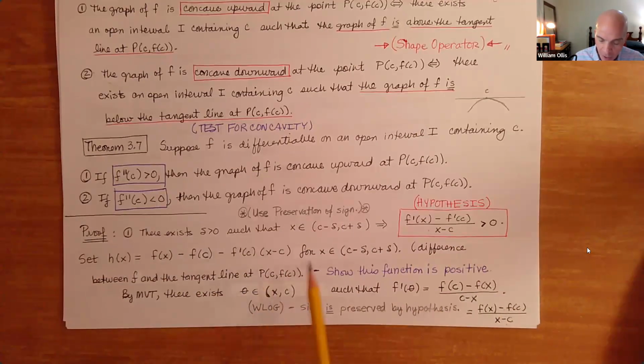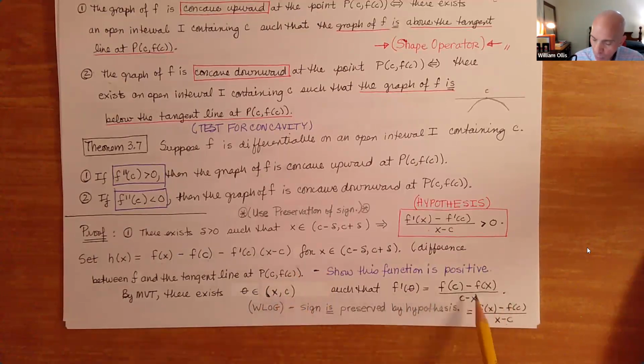So again, in this case, for the x and the c, we will just take a delta that lives between those two. And then by the mean value theorem, we will have the derivative at theta, not delta. We will have the derivative of f at theta equal to the slope of the secant line formed by x, f of x, and c, f of c.